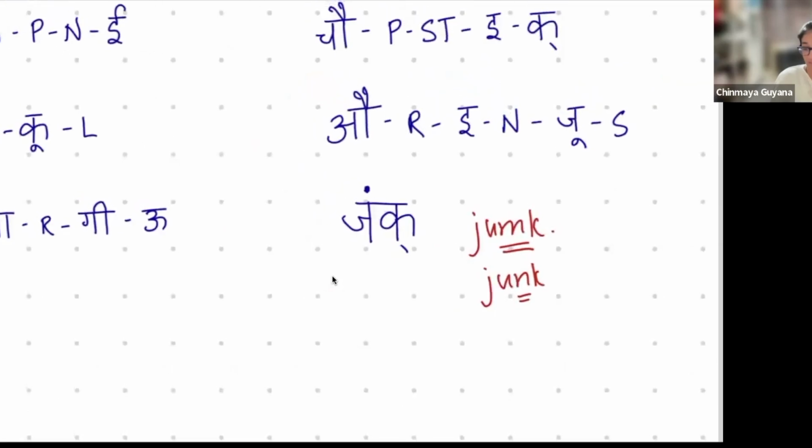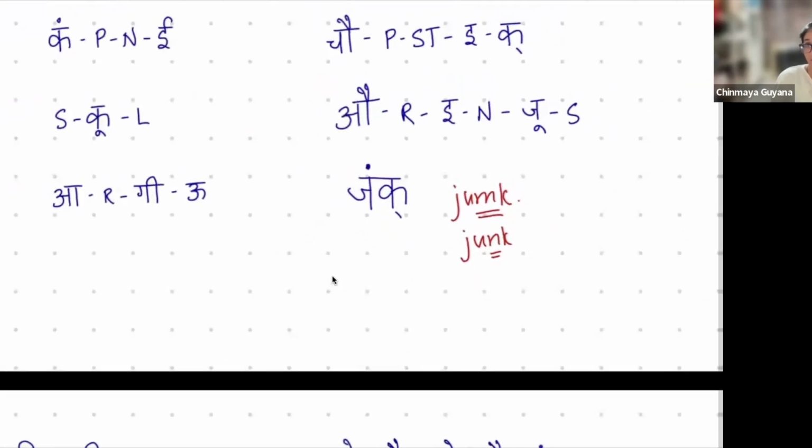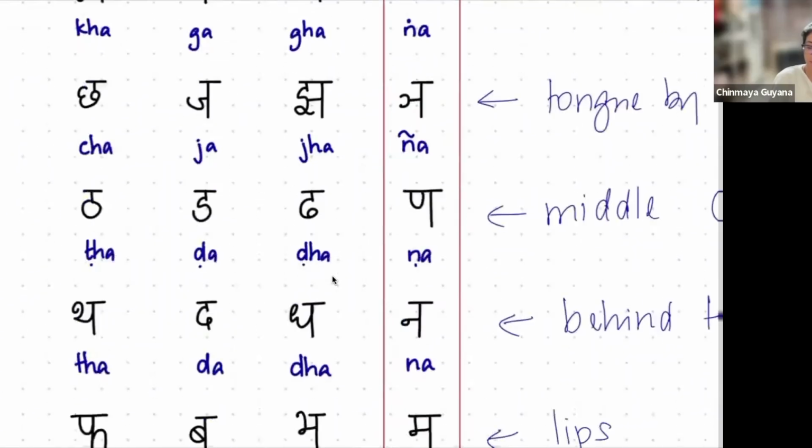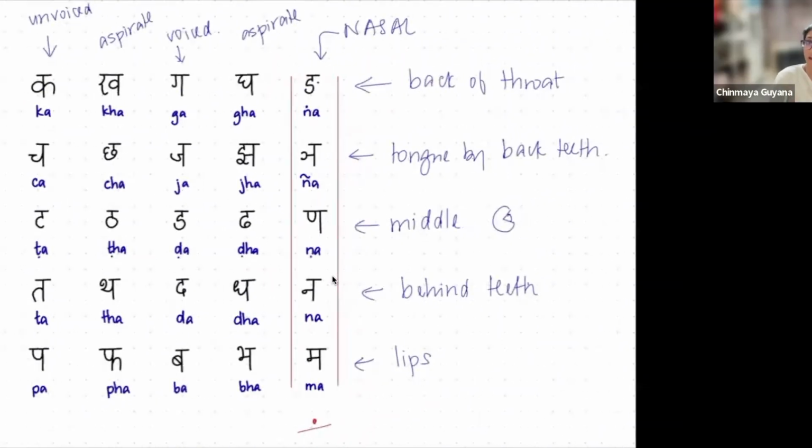So it's intuitive, but you have to pay attention and just remember that this nasal line, nga, nya, ra, na, ma, all of them can be written as this dot. Remember I told you that that dot was a placeholder. So now you know what it is holding the place for. Any of these nasals. Okay?